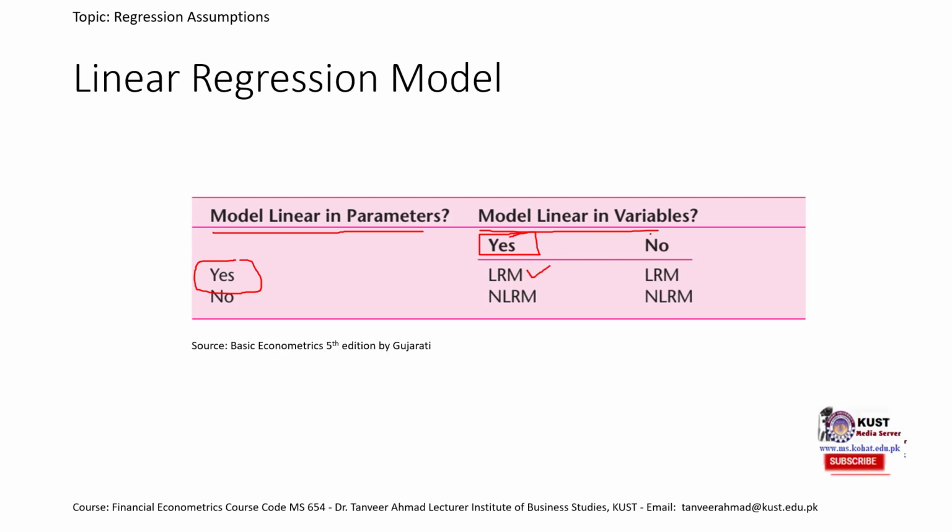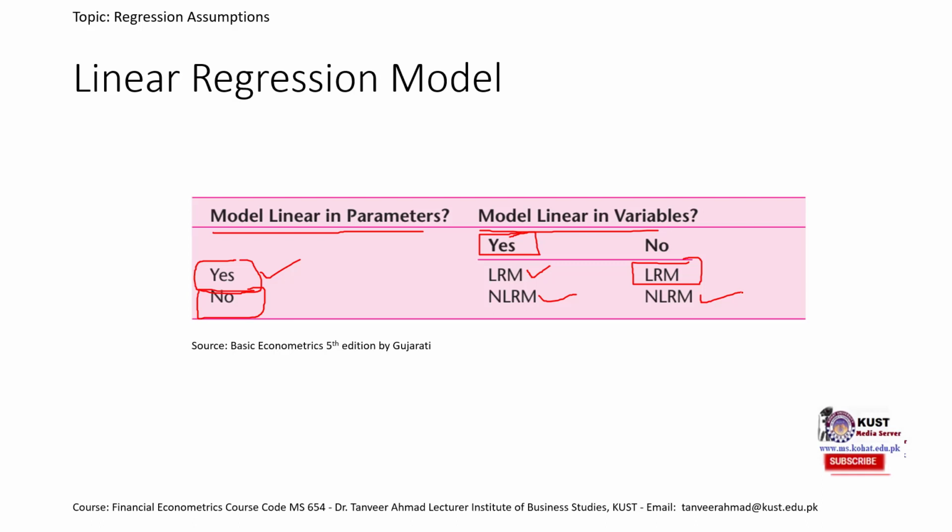But also, if a model is linear in parameters but not linear in variables, again that would be considered a linear regression model. But being linear in variables or not wouldn't matter if that specific regression model is not linear in parameters. So in that case, it would be a non-linear regression model.